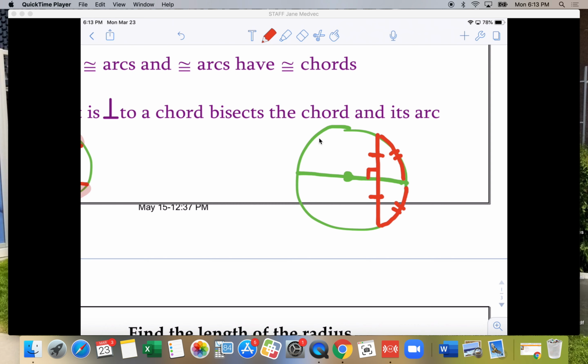The diameter has to be perpendicular to the chord for that to occur. We'll talk about that a little more as we do some problems.